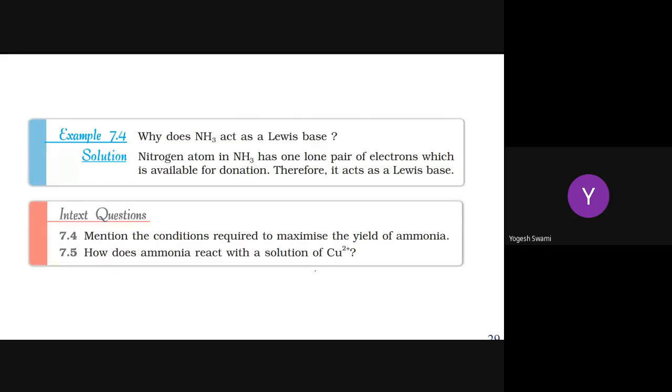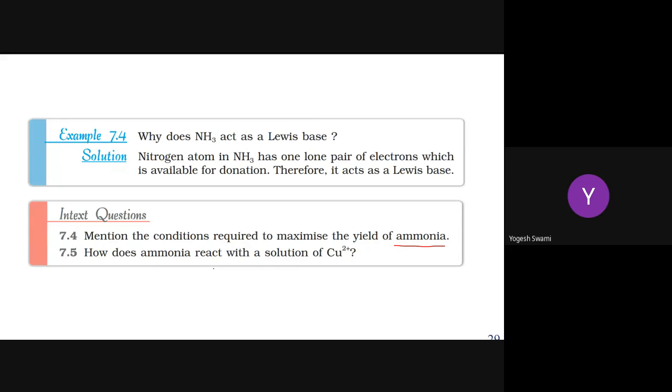Now look at some questions. This is one example. Why does ammonia act as a Lewis base? Because the presence of one lone pair is what makes it act as a Lewis base. Another question: mention the conditions required to maximize the yield of ammonia. Which are those? One is high pressure, low temperature, and the presence of a catalyst.